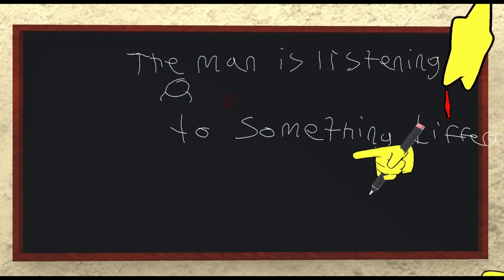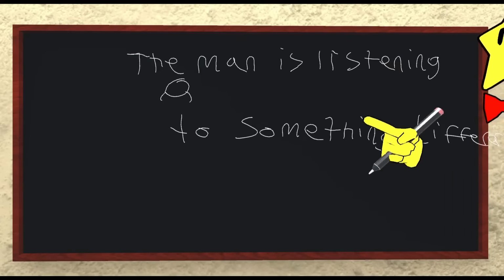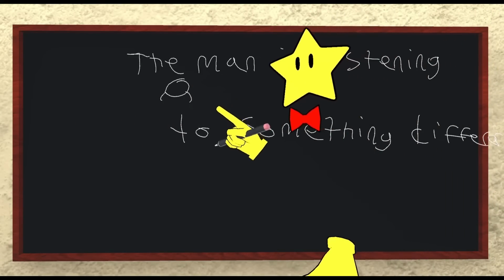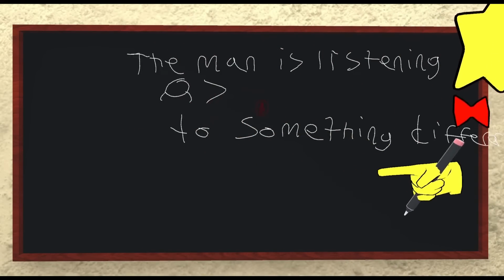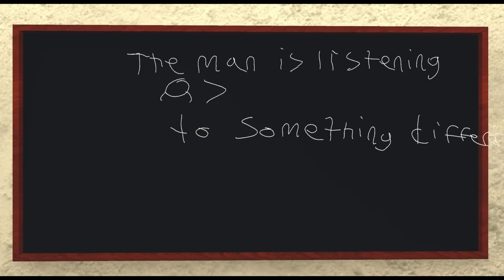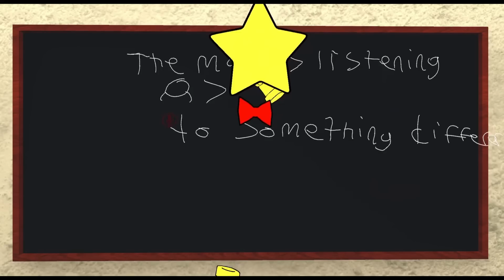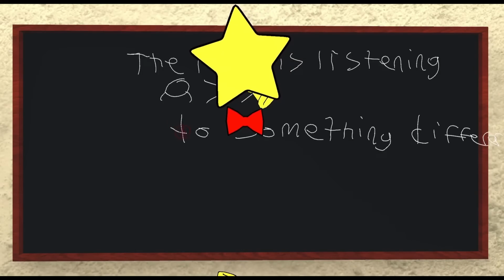So yeah, the man, that's yan. And since this is a third person subject, it needs li. Yan li. Okay. Well, what is the person doing? What is the man doing? He's listening. That's kute. Yan li kute.